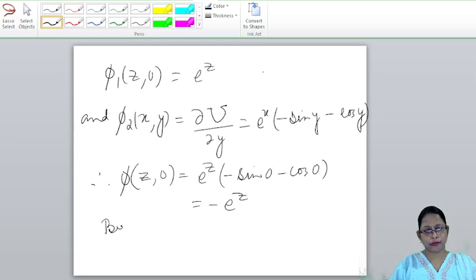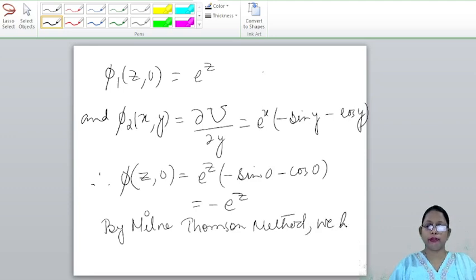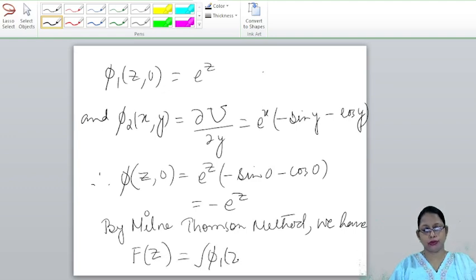Now by the Milne-Thomson method, we have F(z) is equal to the integral of phi 1 (z, 0) dz minus the integral of phi 2 (z, 0) dz plus c, where c is the constant of integration.